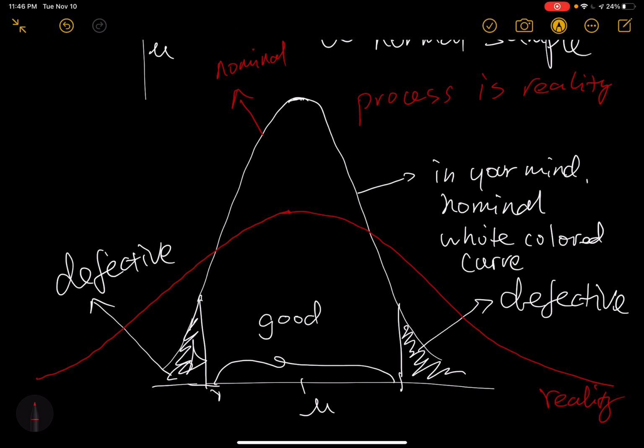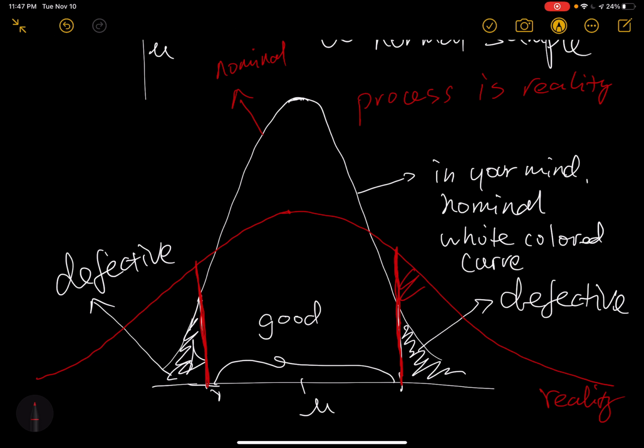People don't know the reality, so I just apply the nominal, assuming everybody is fine. I'm using the same rule to tell which one is defective. I'm still going to apply this bar. Anything lower than that will be defective. I'm also imposing this bar on the right. Anything more than that will be defective.